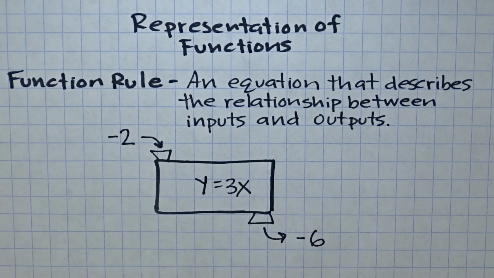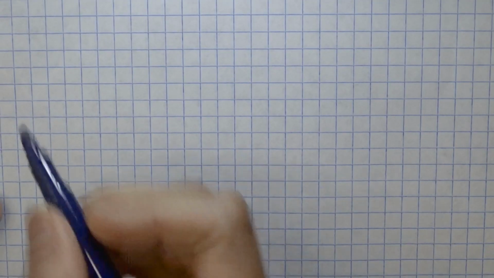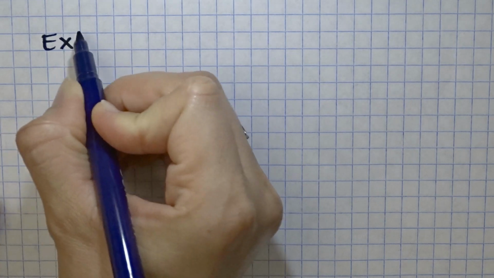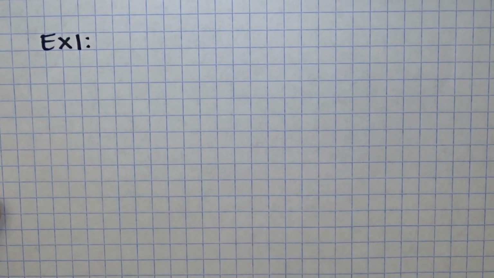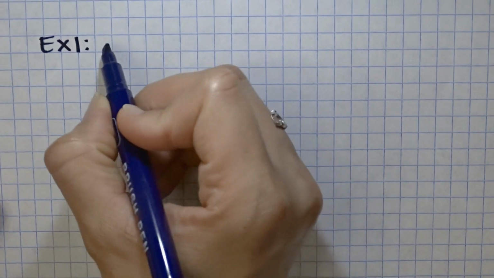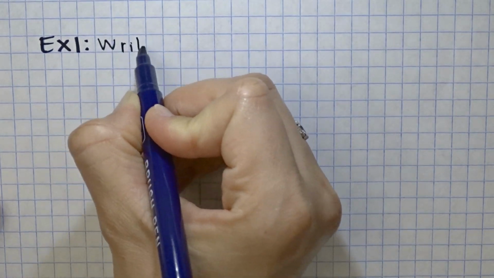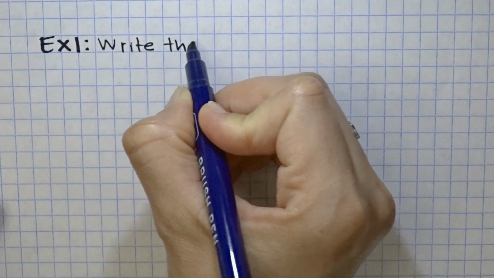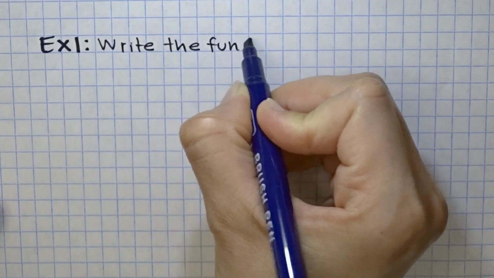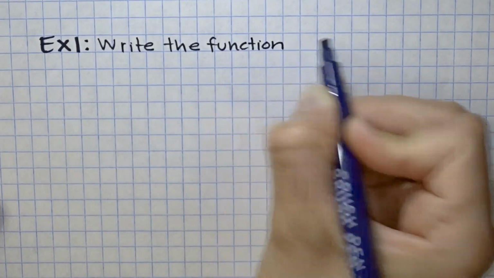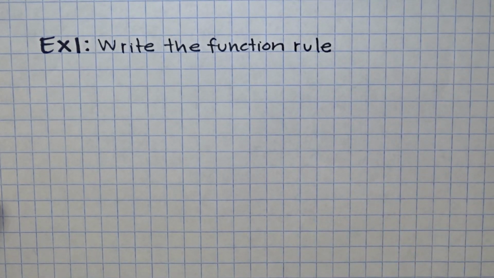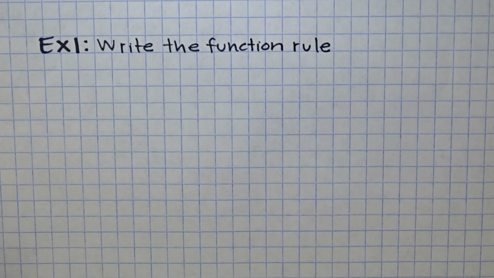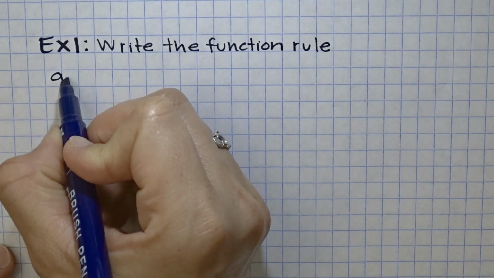All right, so let's look at the first example. Example 1 says to write the function rule. And by that, it means they want us to write the equation for the following sentence.